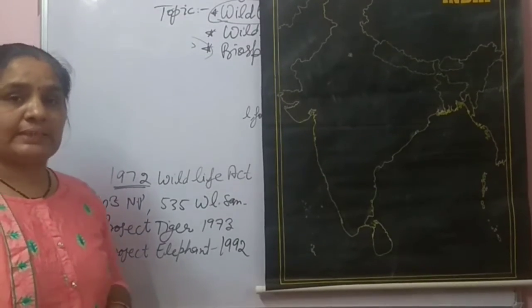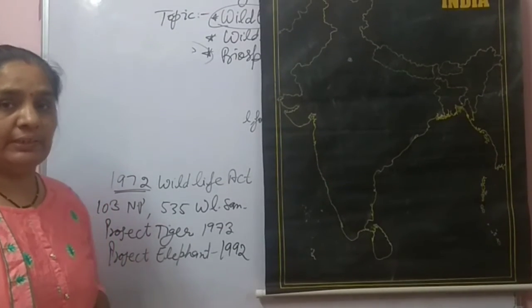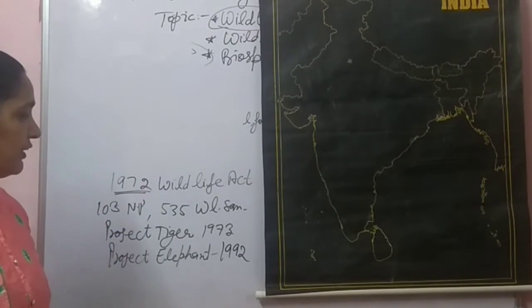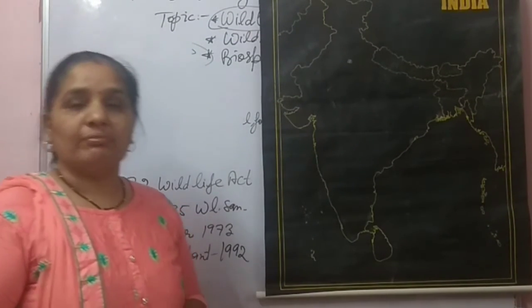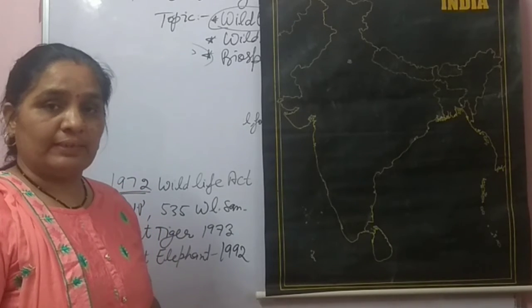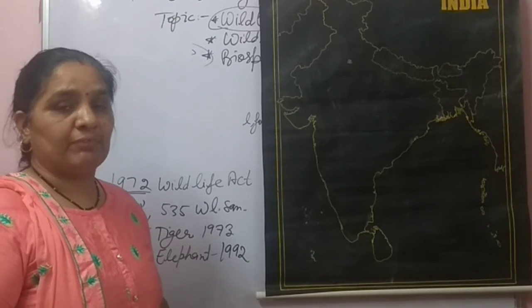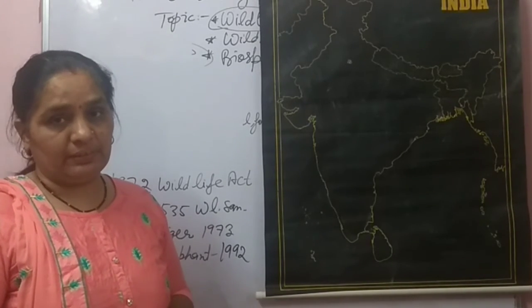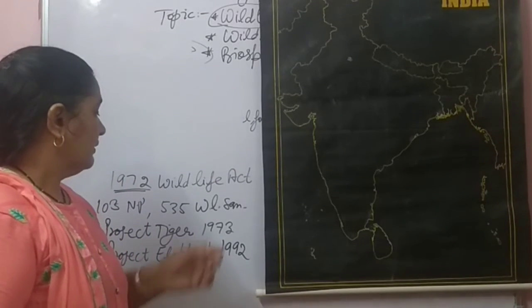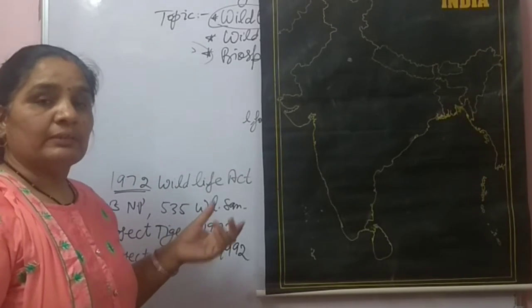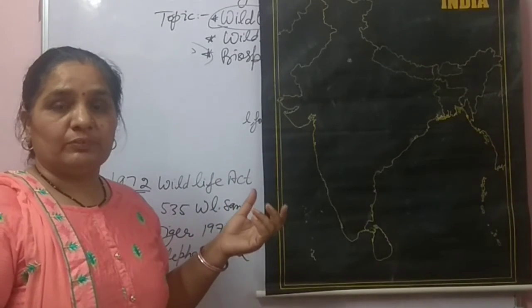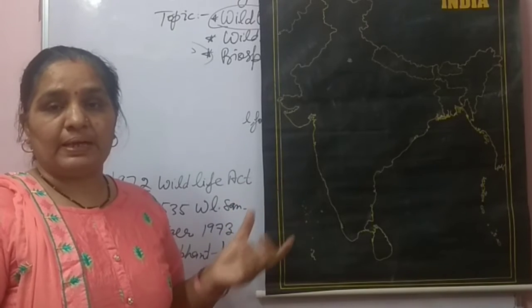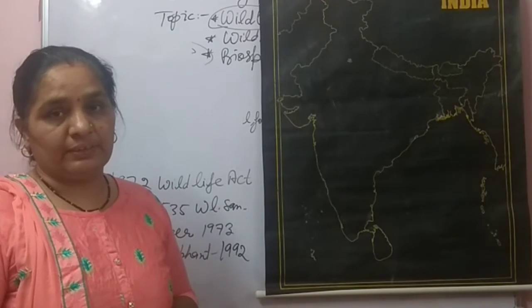The Indian government passed an act to protect wildlife in India in 1972. There are 103 national parks and 535 sanctuaries in our country. The Project Tiger Act to protect the tiger was passed in 1973.